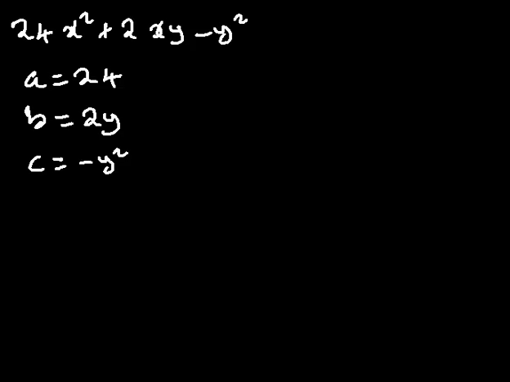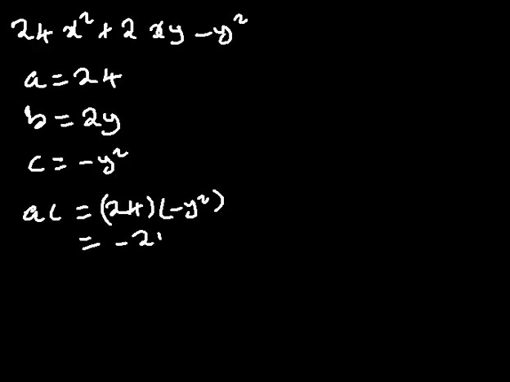So that's how you should understand it. In this case, we should have the product of a and c. That will be 24 times negative y squared, which is negative 24y squared.